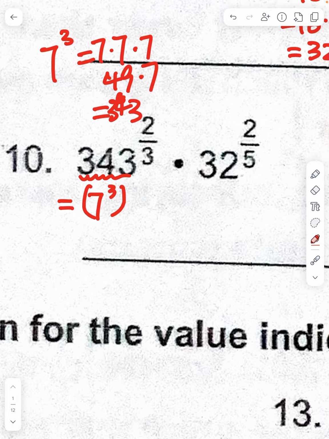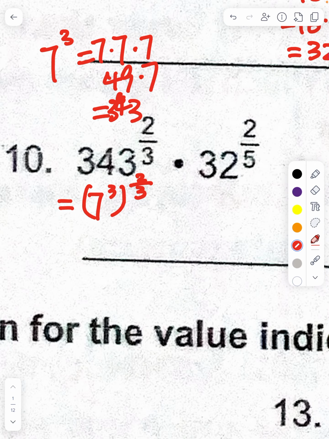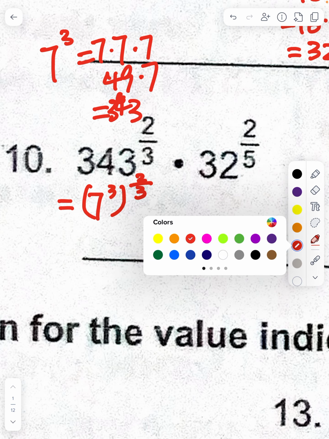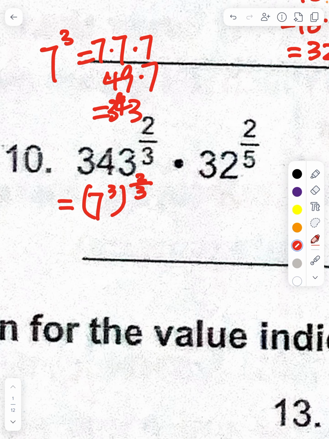Sometimes we have multiple different ways to solve a math problem, right? I just changed 343 to 7 raised to the third power. And we also have another power outside, right? Which is 2/3. I try to get the line a little thinner. Okay, oops. Why is it so thick?